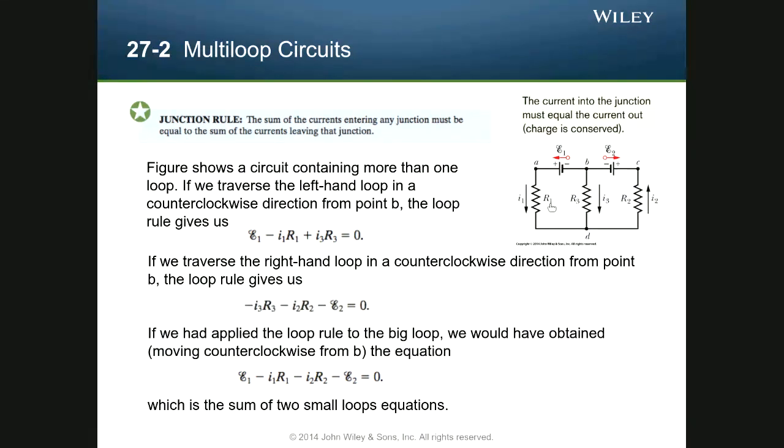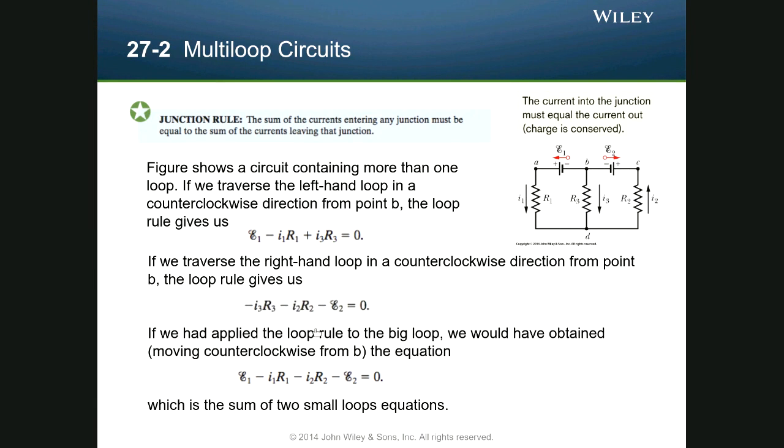We're going with the current here, minus I2 times R2, this part here. And then what's interesting is before we get to the battery, we start at the positive and go to the negative plate. And just as I told you before, that will give you a negative term right here. So this gives us another equation.